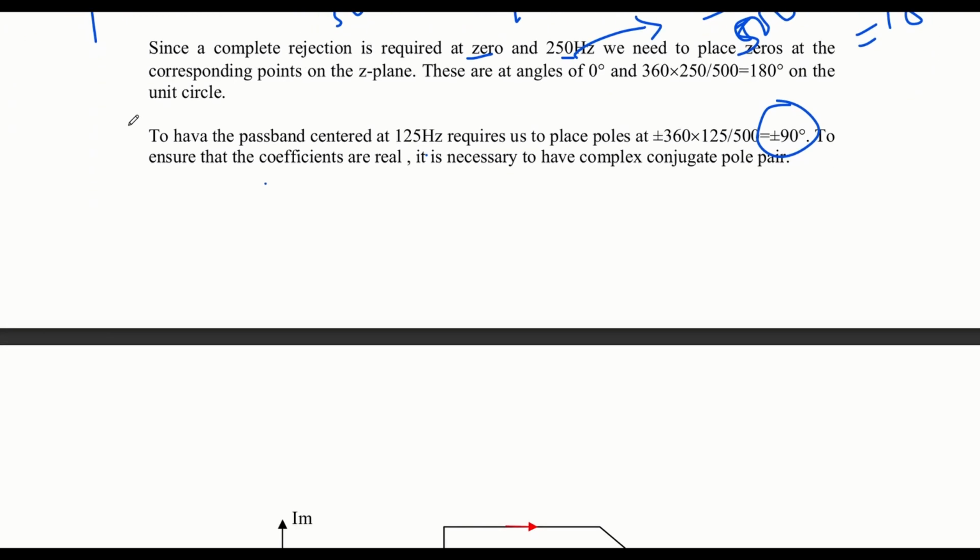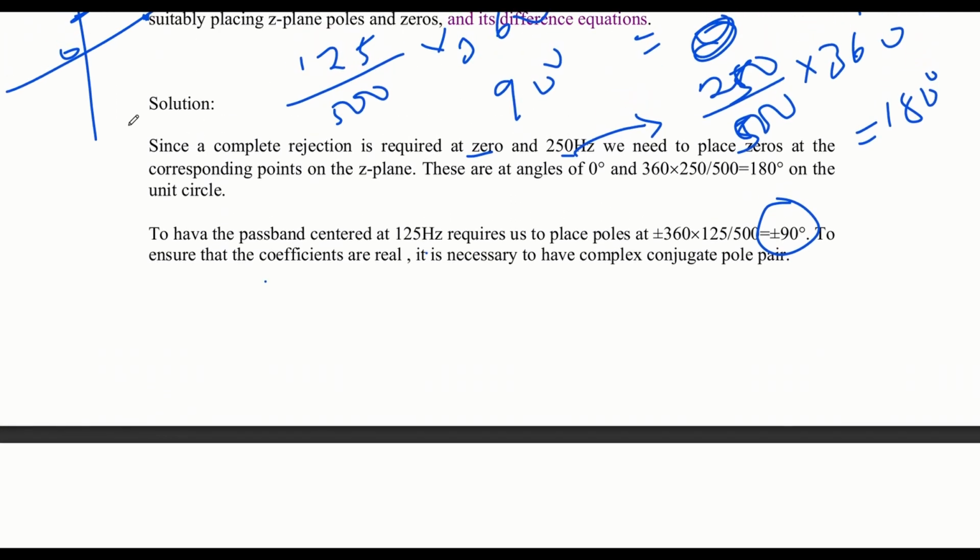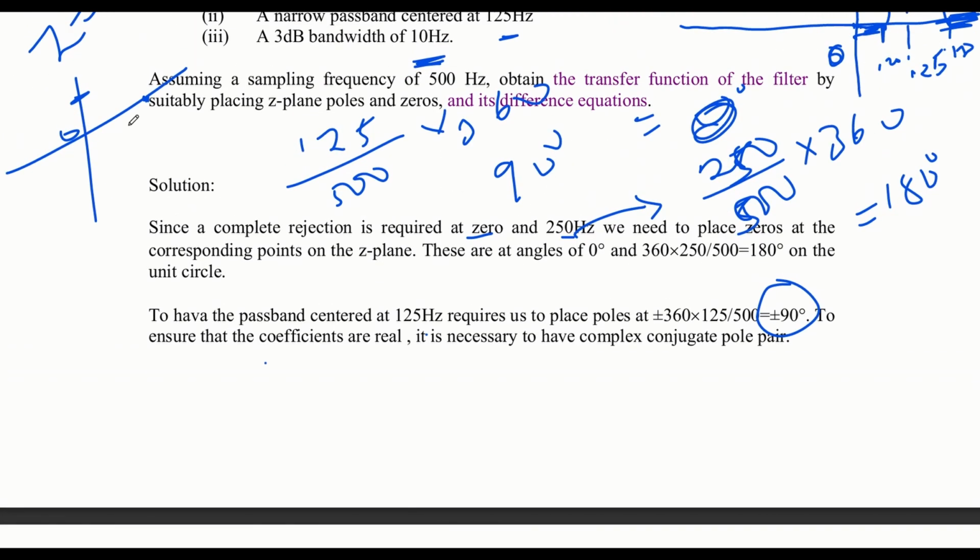Now it means that we have to evaluate our radius. From our previous calculations, the observation we made is that the zeros are supposed to be on the unit circle, so the radius for the zeros is 1. There is no need to bother, their radius will be 1.